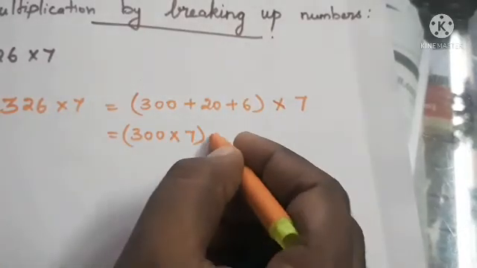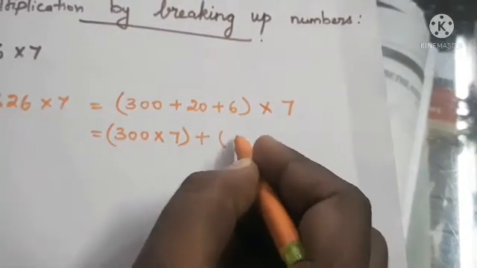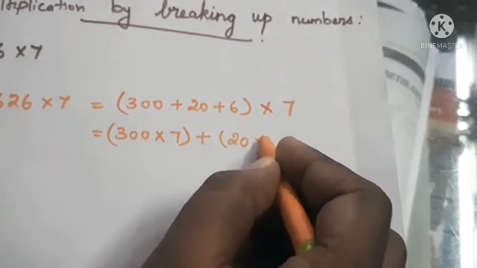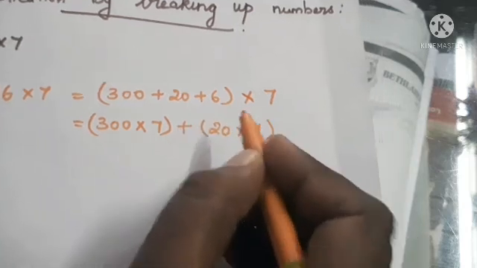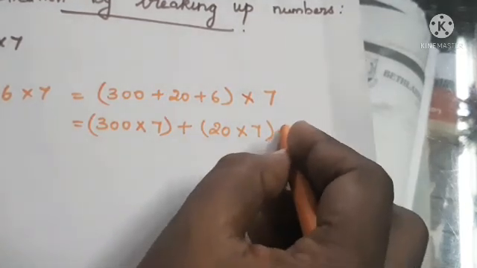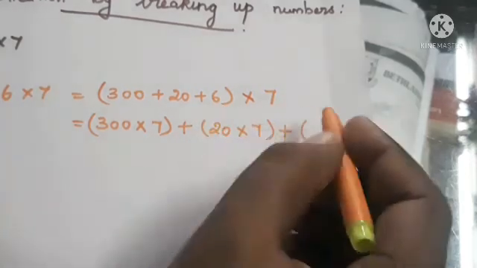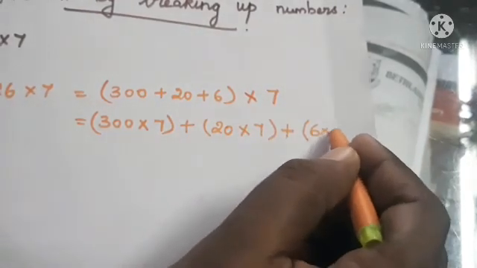Plus symbol. So plus. The next number is 20, so open the bracket and write 20, then into 7, multiplying the 20 by 7. Next symbol is plus, so close the bracket, put the plus symbol and open the bracket. Next number is 6, so write 6, then into 7.